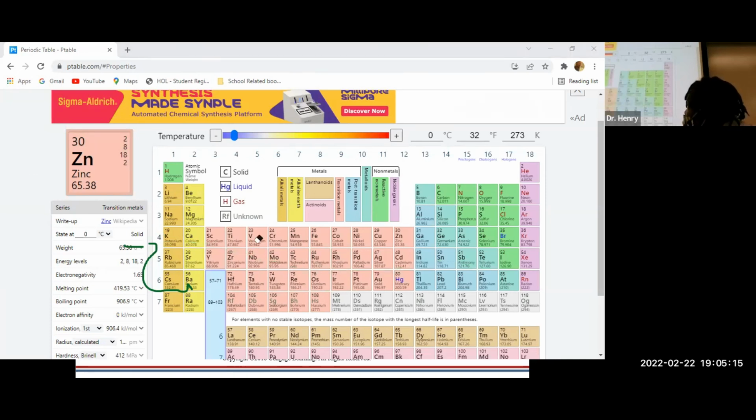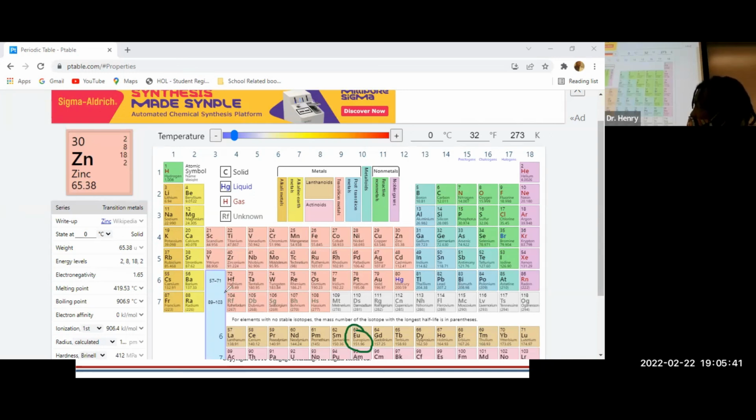So let's say we have europium, 63. If we do the electron configuration for that one, we're going to do it the short way, right? So we'd want to find the noble gas that would be right before europium. Europium is 63.